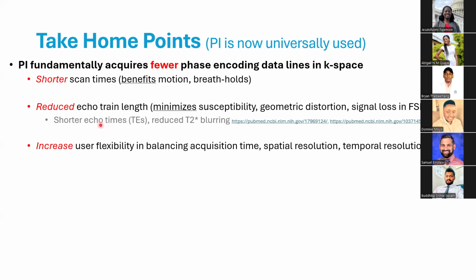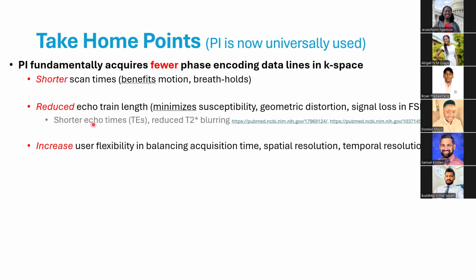Some of the things that we didn't realize initially with parallel imaging, other than shortening the scan time, is that you can also use it to reduce the echo train length of certain pulse sequences, such as fast spin echo and echo planar imaging sequences. And of course, when you have a reduced echo train length, you start to minimize air-tissue or implant susceptibility, geometric distortion, and things of that sort.